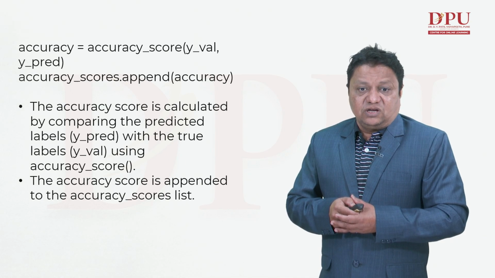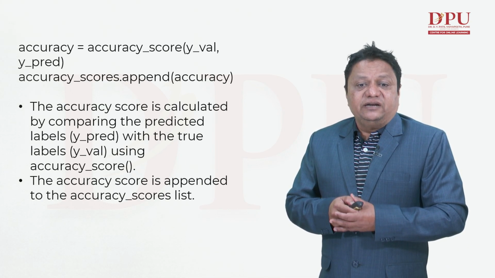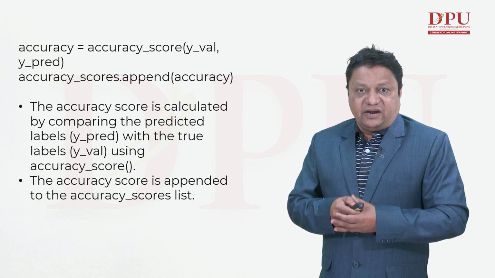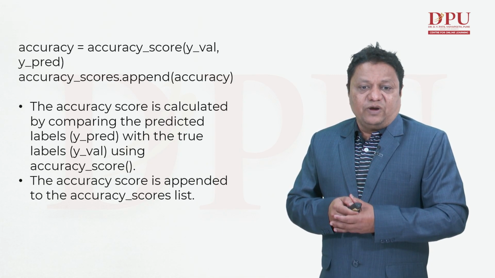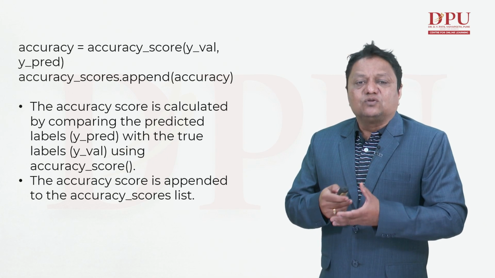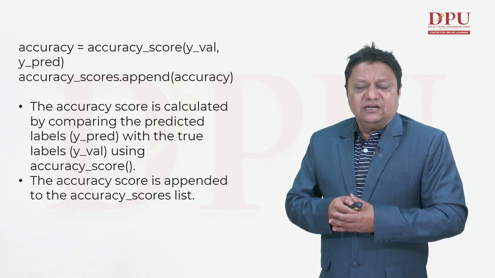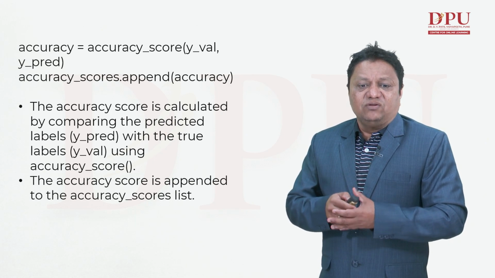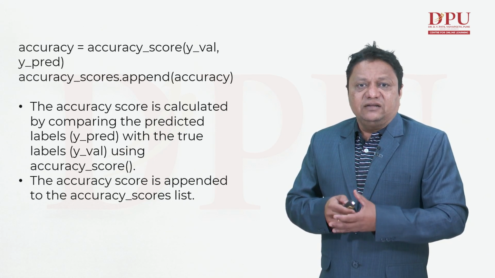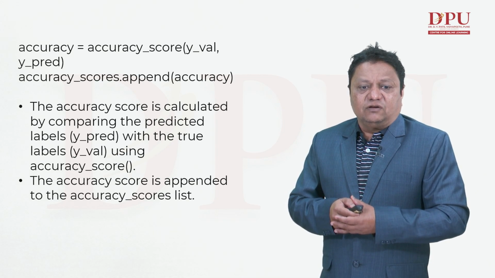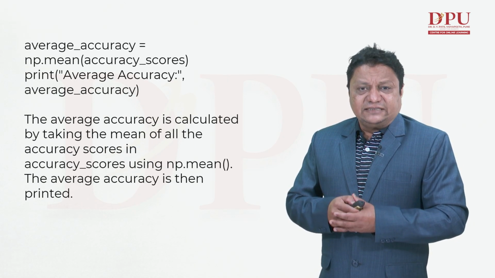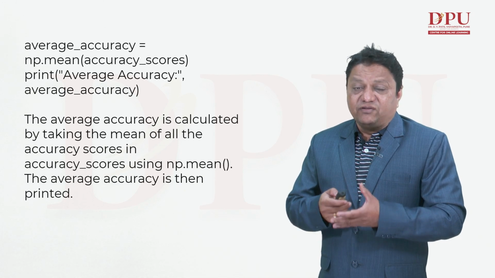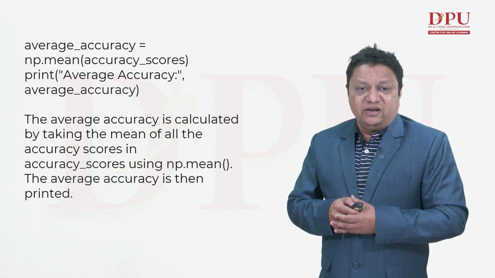So the accuracy score is calculated by comparing the predicted values, y_pred, with the true labels, y_val, using the accuracy_score method, and the accuracy score is appended to the accuracy_scores list, so that we can have the list of all the accuracies that we have obtained from this for loop.